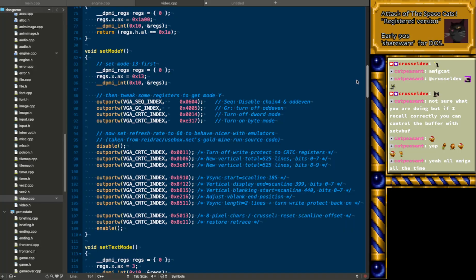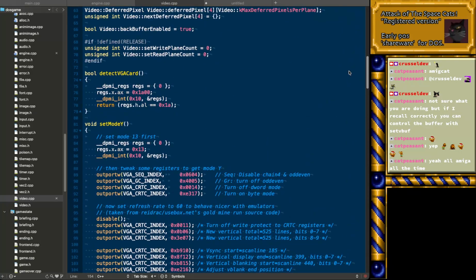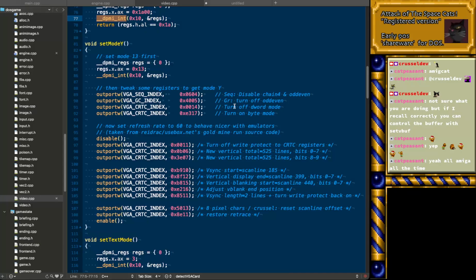No, none of that's allocating anything. Neither is that. Well, unless there's some cost for the interrupt calls. I mean, if that's true, then we can't avoid it, because we got to do it to set the mode.